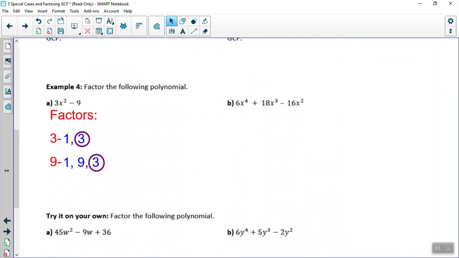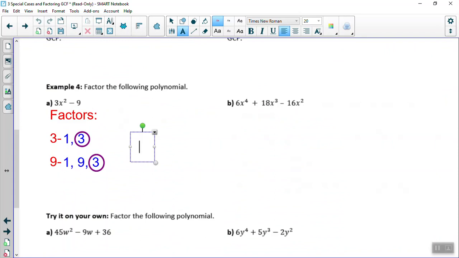So here's what we're going to do. We're going to divide both of these terms by 3. So we take them, we divide them both by 3, and here's what that's going to look like. So I can have that 3x squared minus 9.